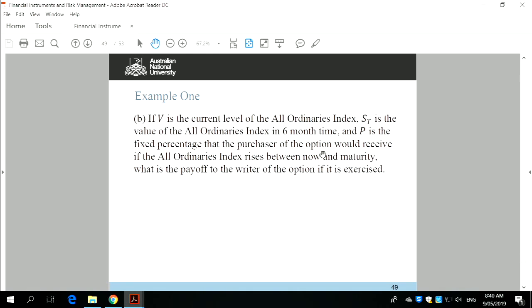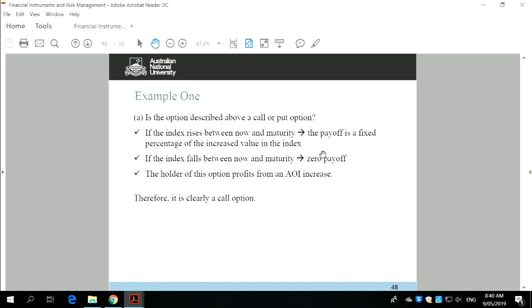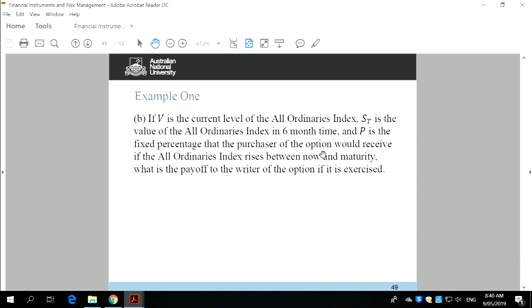Okay, basically we can work out what is the payoff the holder of the option receives if the index increases, right? So if the index increases, then the holder of the option will receive the fixed percentage, which is expressed by P, times the magnitude of increase.